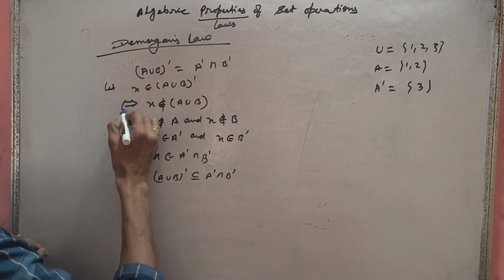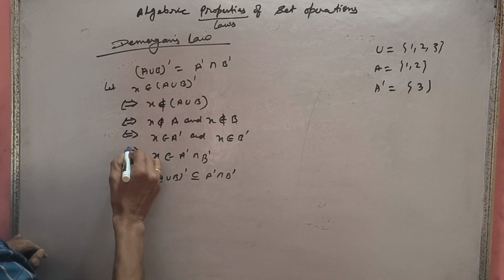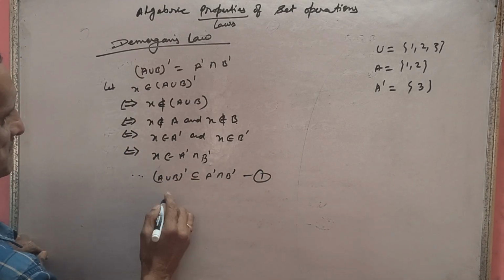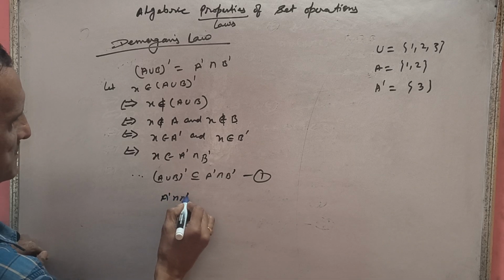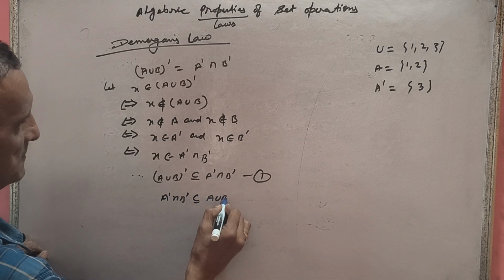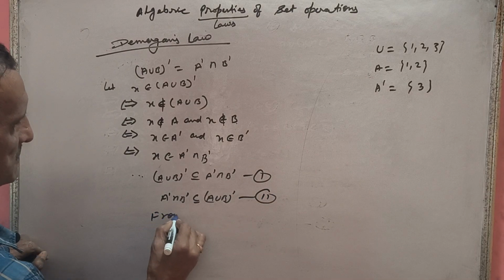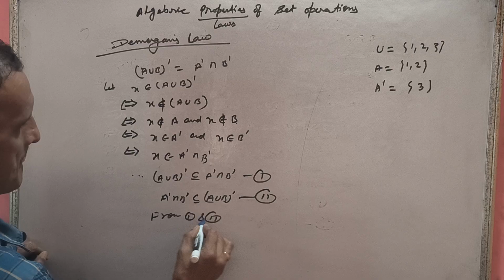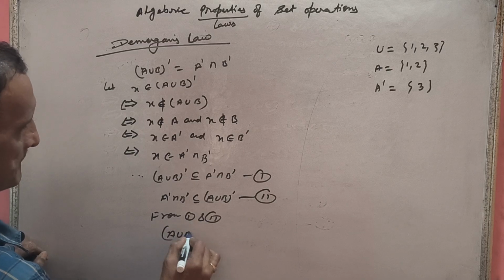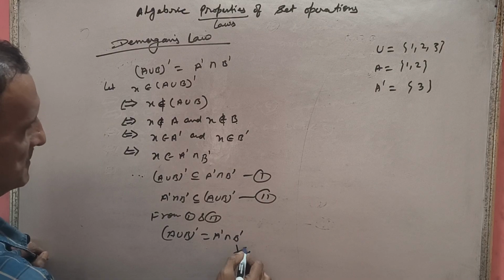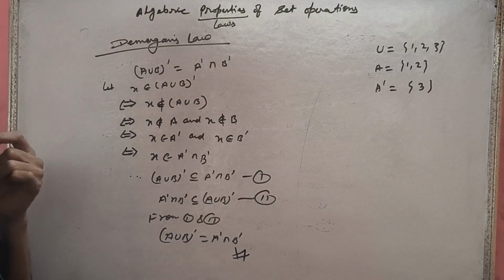But if you give the both-way implication, then you can write this is a subset of this also: A complement intersection B complement is a subset of (A union B) whole complement. From 1 and 2 what we will get? (A union B) whole complement equals A complement intersection B complement. Hence proved.